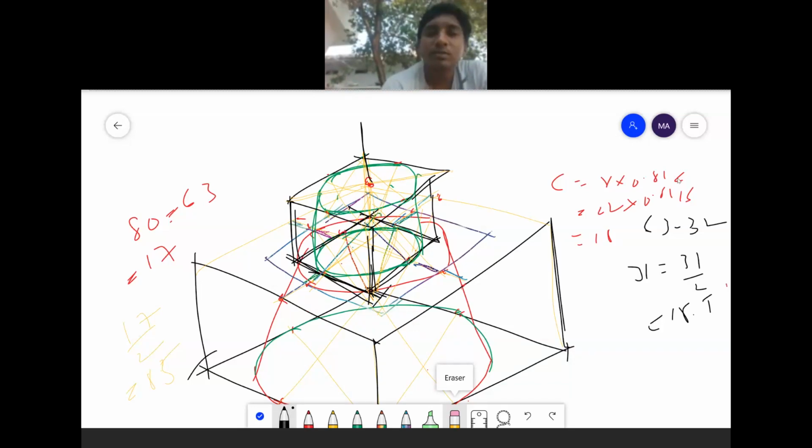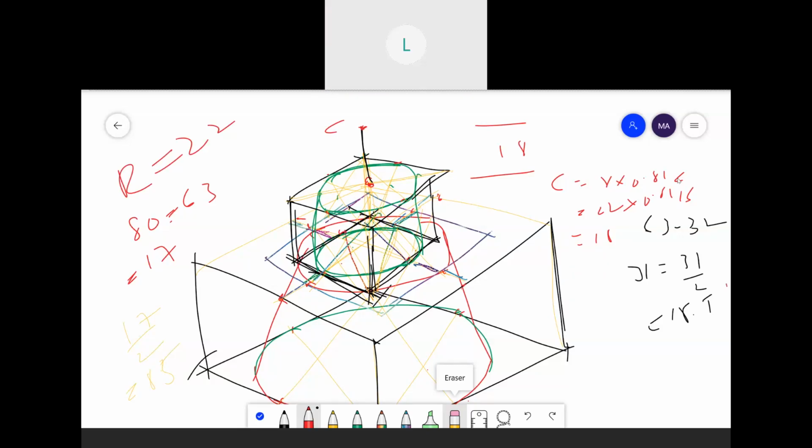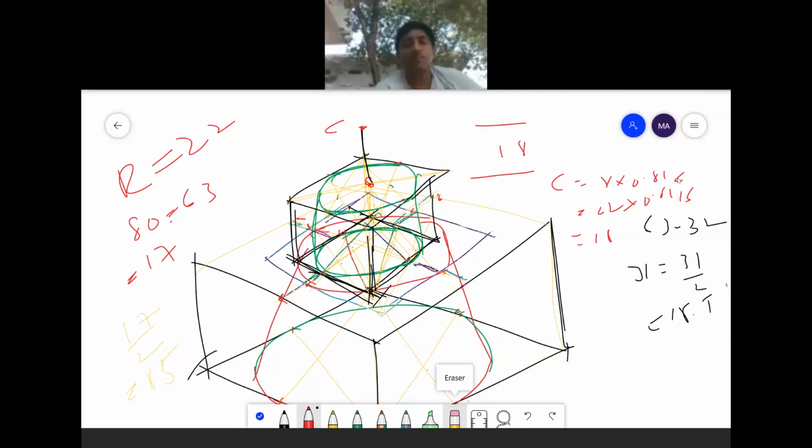From that C point, I am taking the radius as 22. Radius of the sphere is 22. I am taking the radius as 22 and drawing one circle.